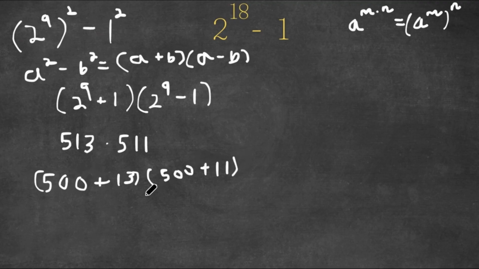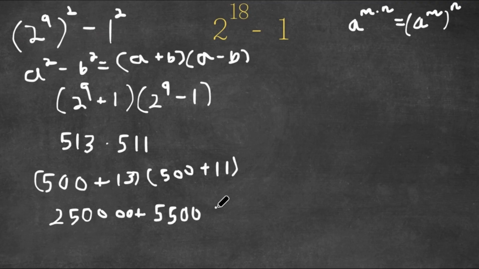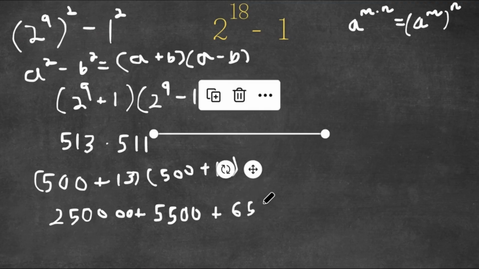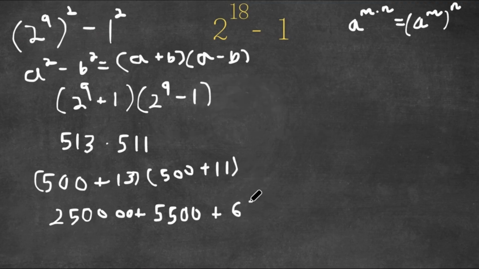500 times 500 is 250,000. So we have 250,000 plus 500 times 11 is 5,500, plus now 13 times 500 is 6,500.